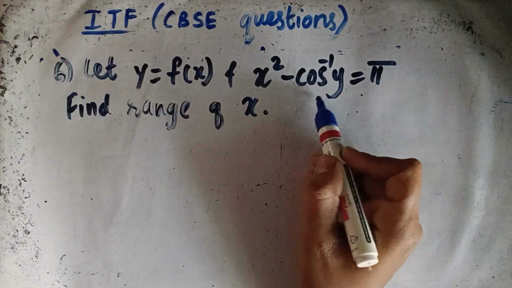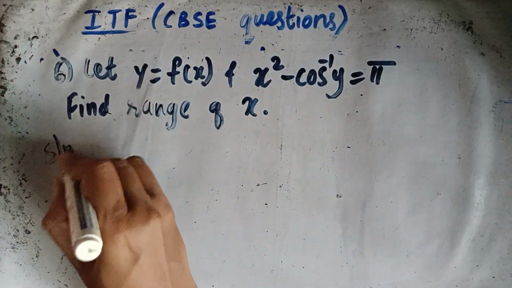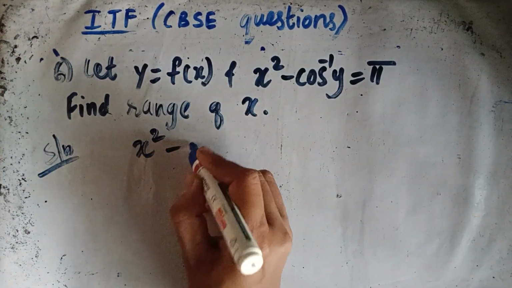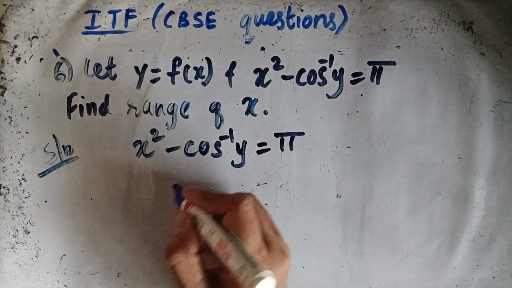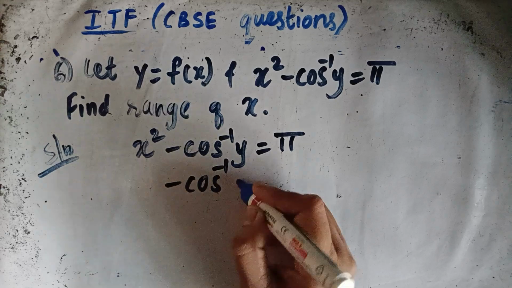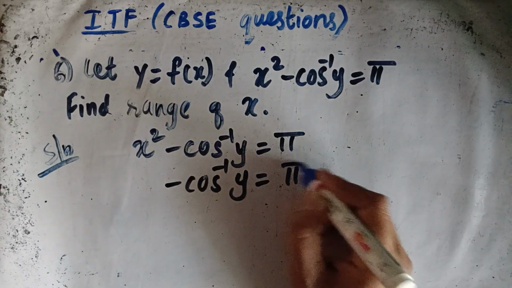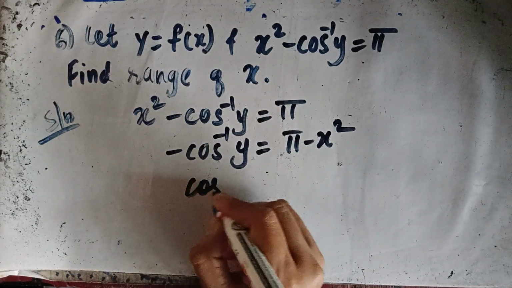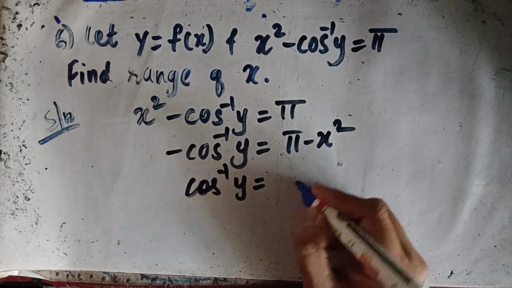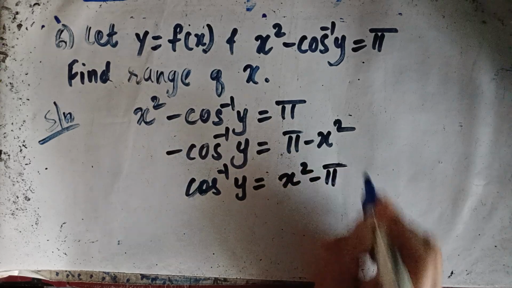Okay, so solving this, you'll get x square minus cos inverse y is equal to pi. So minus cos inverse of y is equal to pi minus x square. So this is cos inverse y is equal to x square minus pi.